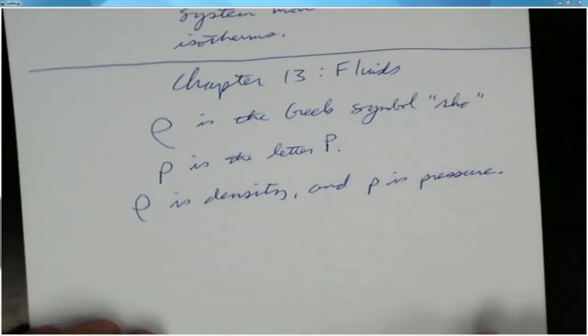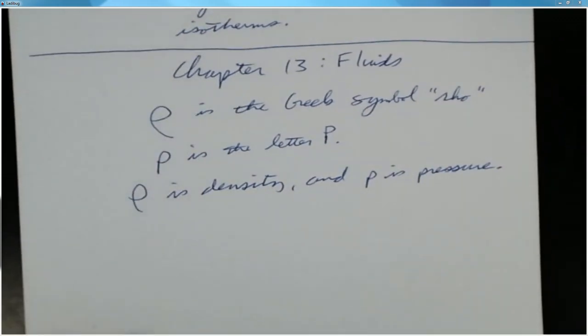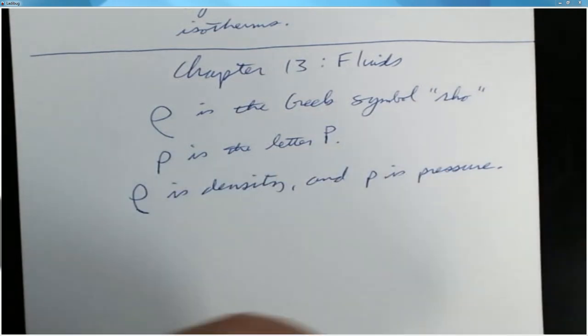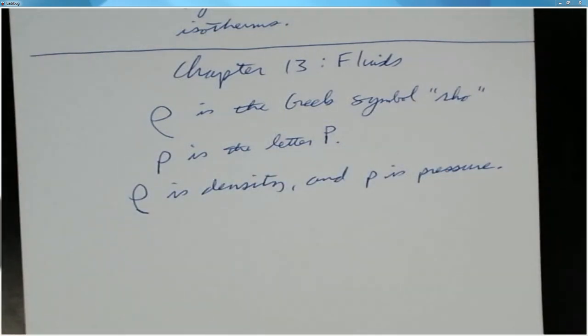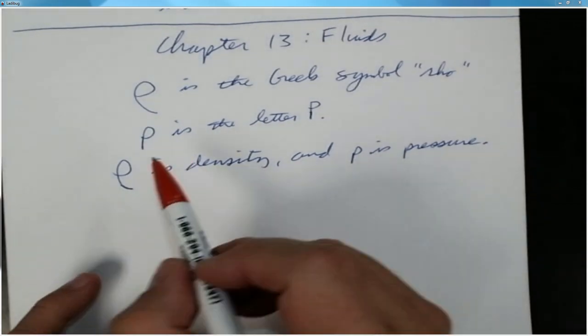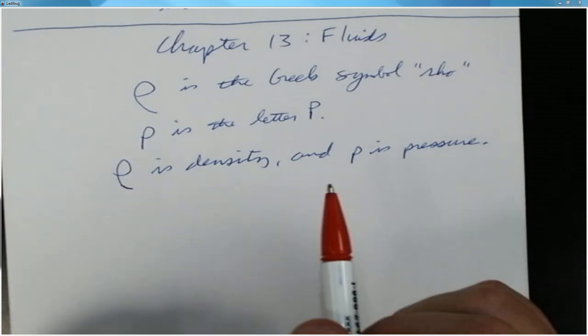So you have got to be able to tell from my terrible handwriting, for which I deeply apologize, but also I'm not changing it. You've got to figure out from my terrible handwriting which is P and which is rho. And I'm trying. Rho's got this little tail on it and P doesn't.